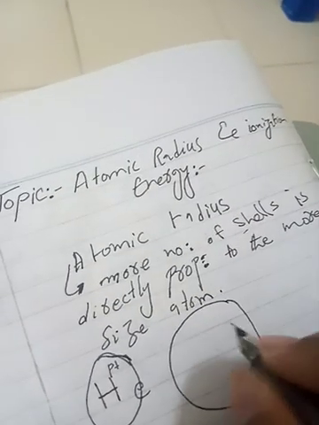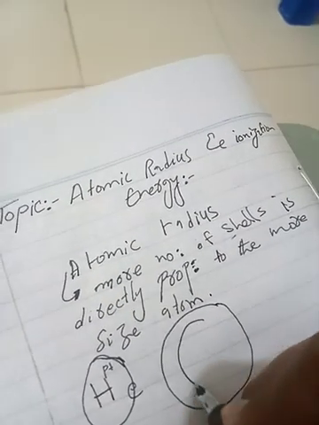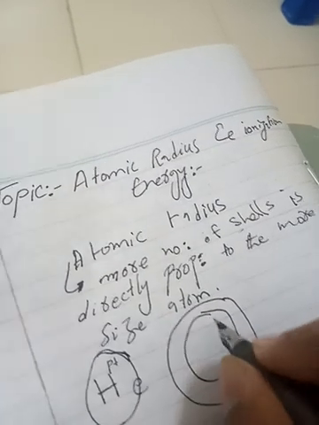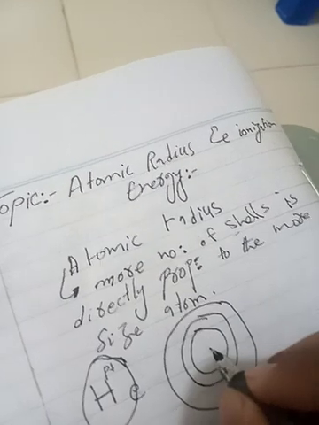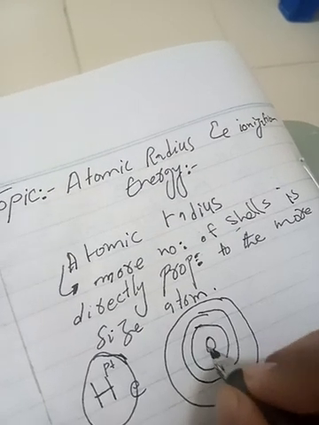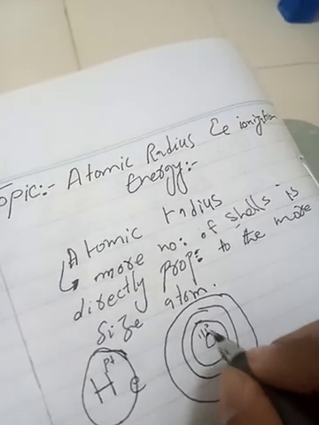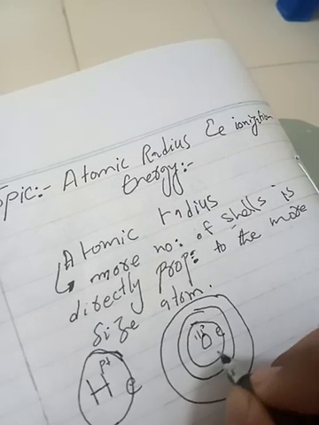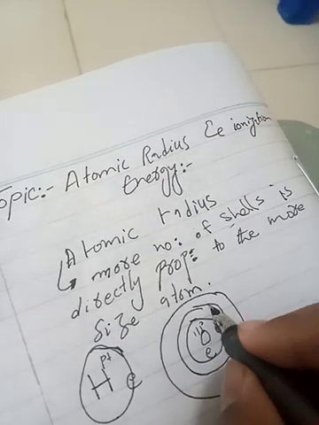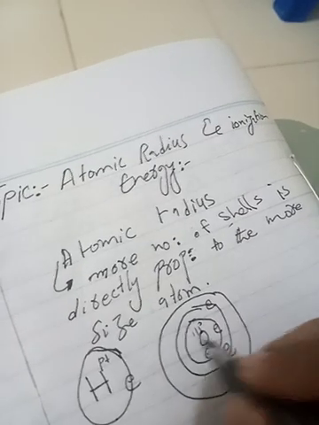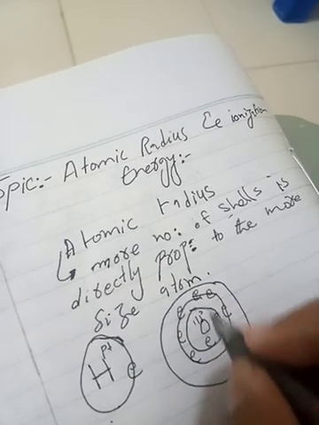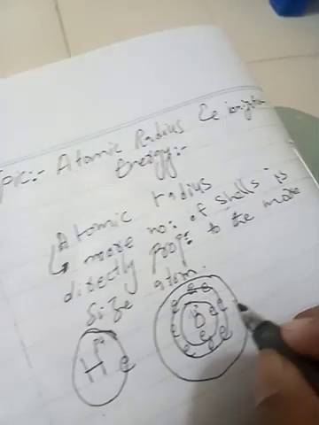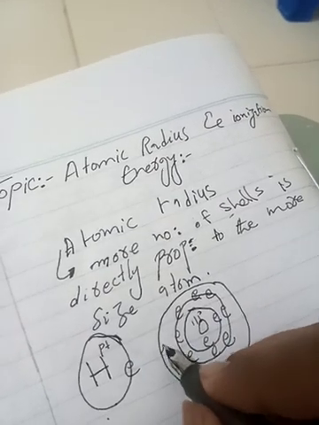Let me draw it. The first shell, second shell, and the nucleus. It has 11 protons. So 2 electrons in the first shell, 8 electrons in the L shell, and 1 electron in the last shell.